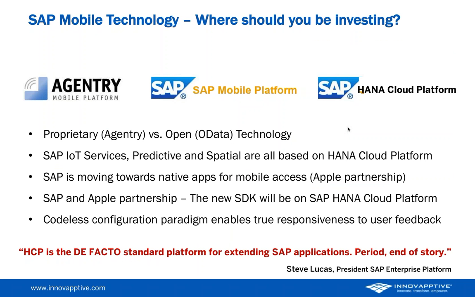The other thing that's driving mobility and EAM is mobile technology. Over the last 10 years, there's been significant change in the technology available to SAP customers to leverage mobility. It started with the agentry platform that SAP acquired a few years back.